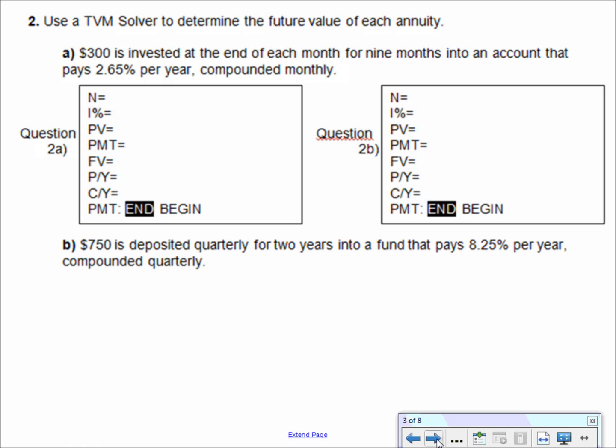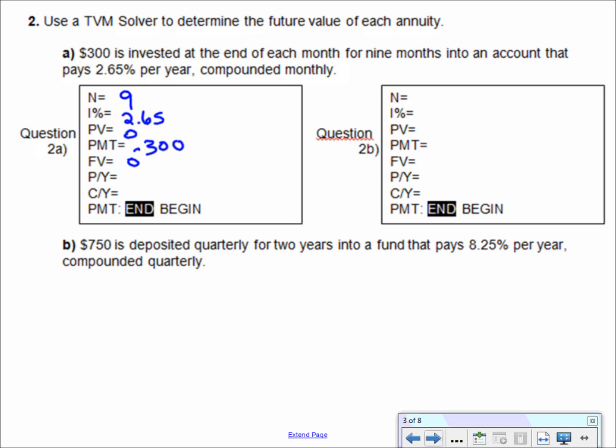So I'm just going to fill stuff in here. My number of payments, I'm doing it for 9 months, is going to be 9. My interest is 2.65. Present value is 0. My payment is negative 300. My future value stays 0 right now because I'm going to calculate it.